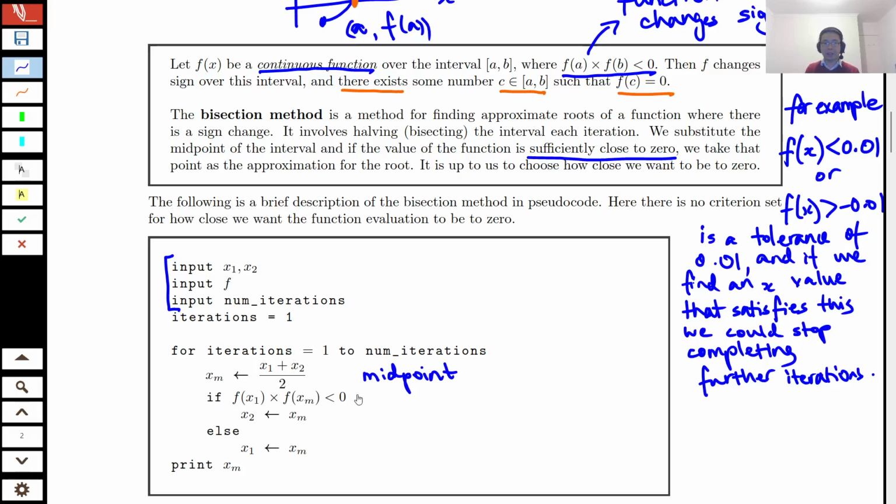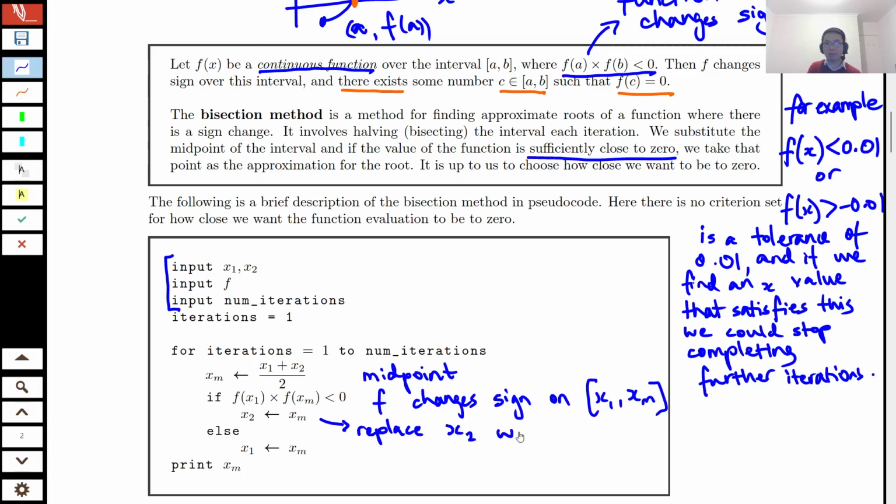And then here's our if statement. So if f changes sign on the interval x1 to xm, then when I do my next iteration, I want to replace the upper bound of my interval with my previously calculated midpoint. Otherwise, do the opposite.